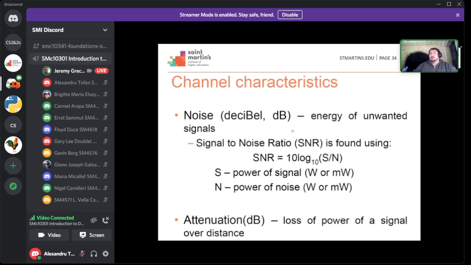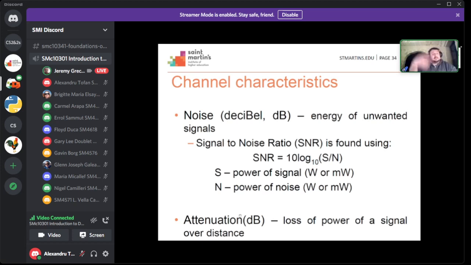That essentially is the signal to noise ratio value that is used in order to understand how much noise is actually affecting your signal.